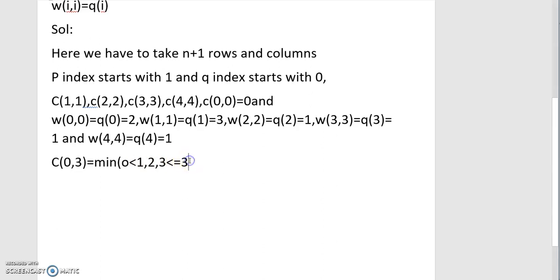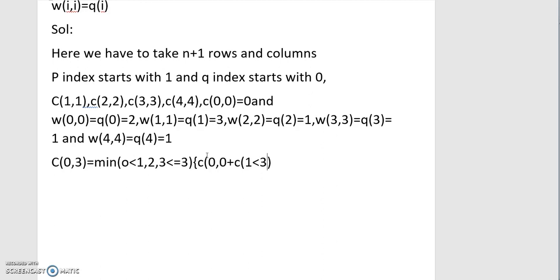Here we need to find the minimum of these 3 K values: C of I comma K minus 1, that is 0 comma 1 minus 1 which is 0, plus C of K comma J, with K as 1 and J as 3.